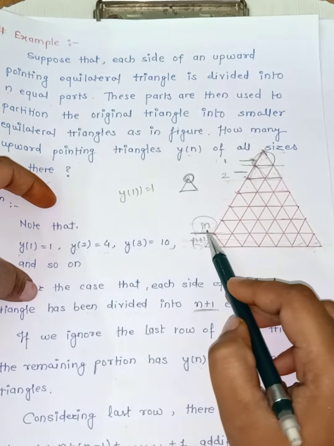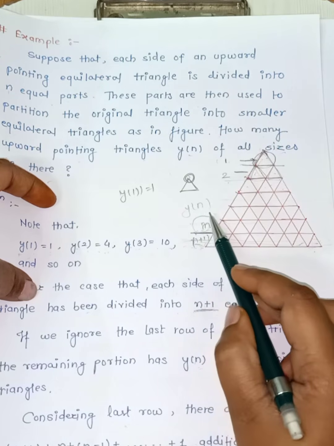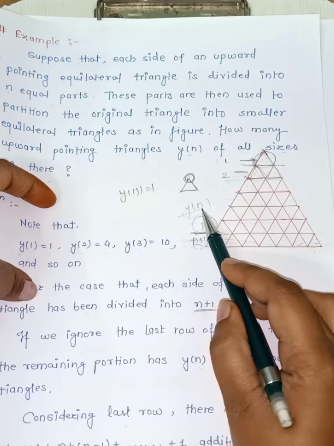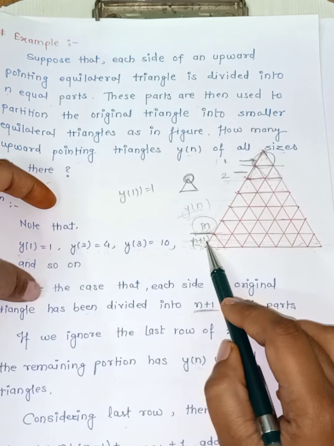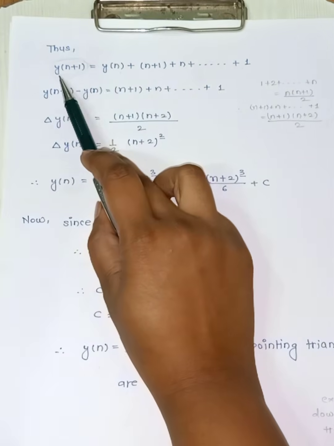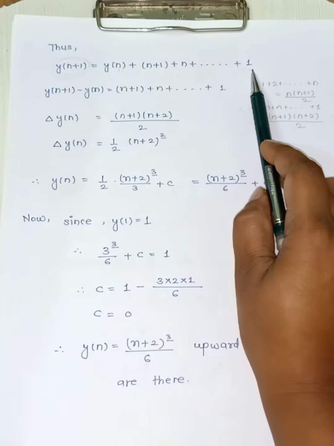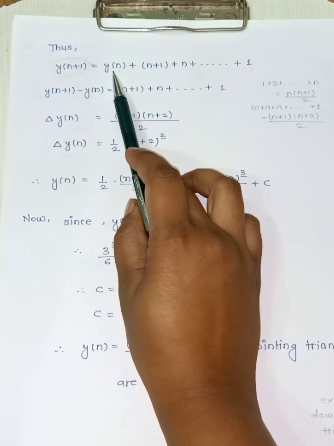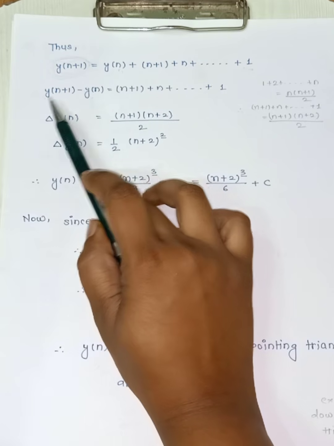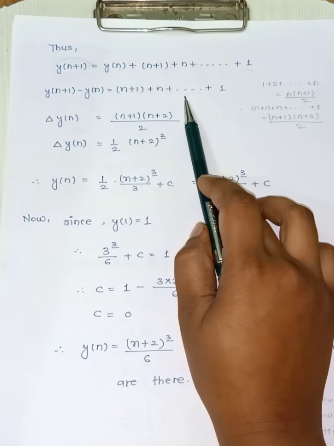We can say it in figure. Up to this we can count it as y of n. Okay, so up to this it is y of n, and the last one is n plus 1. Okay, so we have written y of n plus 1 is equals to y of n, and the last one this is. Okay, so y of n plus 1, and if we shift this y of n, as y of n plus 1 minus y of n, and the remaining portion is as it is.